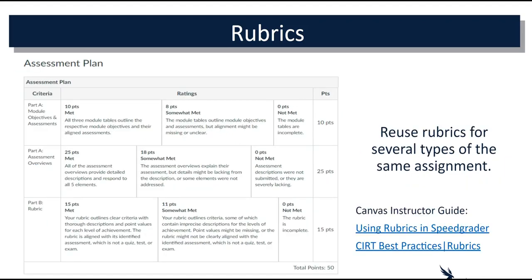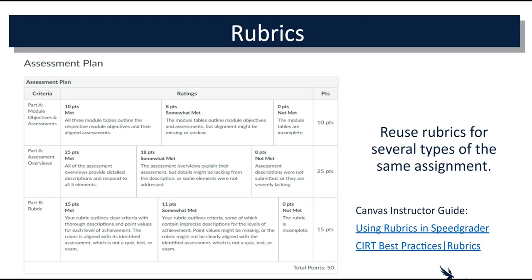Another fabulous thing about rubrics is that they can be reused. Once you create a rubric, you can use, let's say, your discussion board rubric across every course that you have. And that's going to save you time. Not only are you going to save time with one discussion board, it'll be with every discussion board.